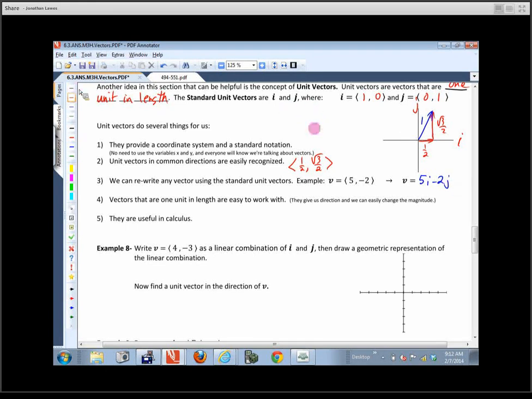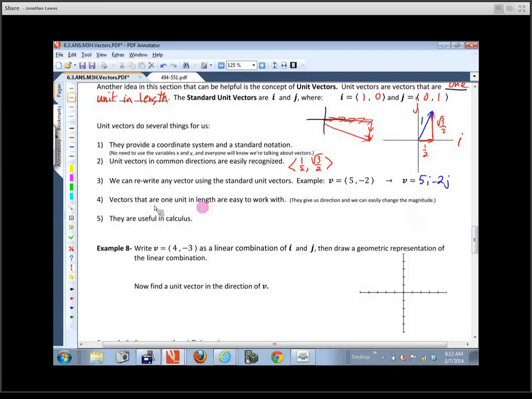Because if you think about it, if I want 5, -2, that would be 5 this way and then down 2. So I could do 1, 2, 3, 4, 5 i's, and then minus 2 j's, and this would be the resultant 5, -2. Okay? So that's called a sum of the standard unit vectors.